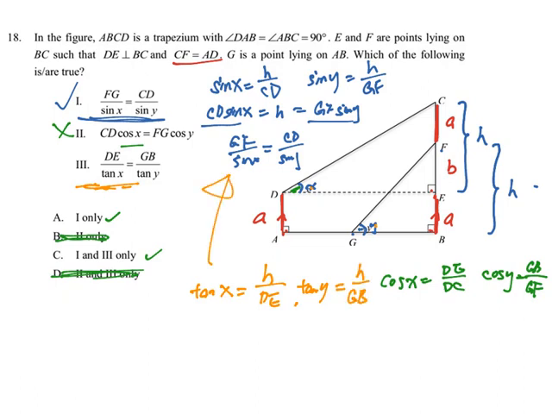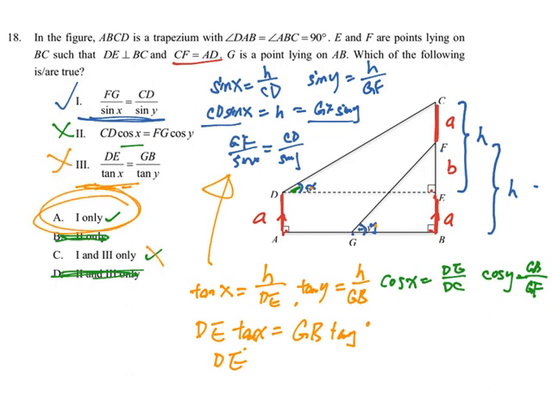So DE times tangent x equals h, and GB times tangent y equals h. So it is also wrong. So the answer is A, only 1.